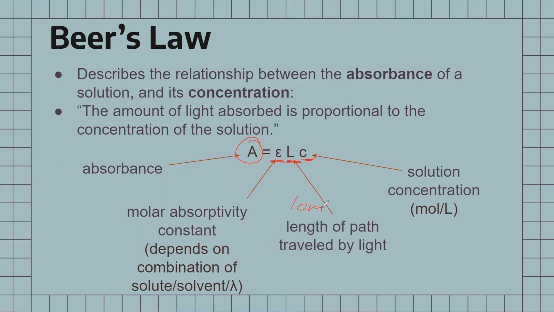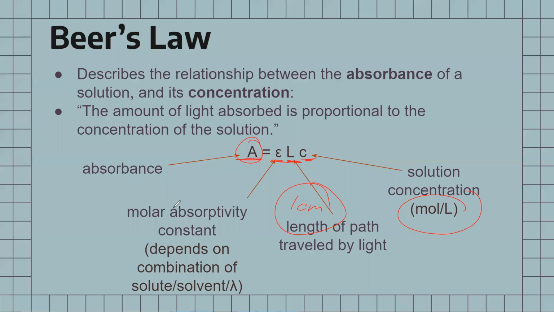So this path length is in centimeters. Our solution concentration is in molarity, moles per liter. Our absorbance is usually unitless, meaning it does not have to have a unit attached to it. And our molar absorptivity constant has to have a fairly complex unit attached to it, because of course it does.